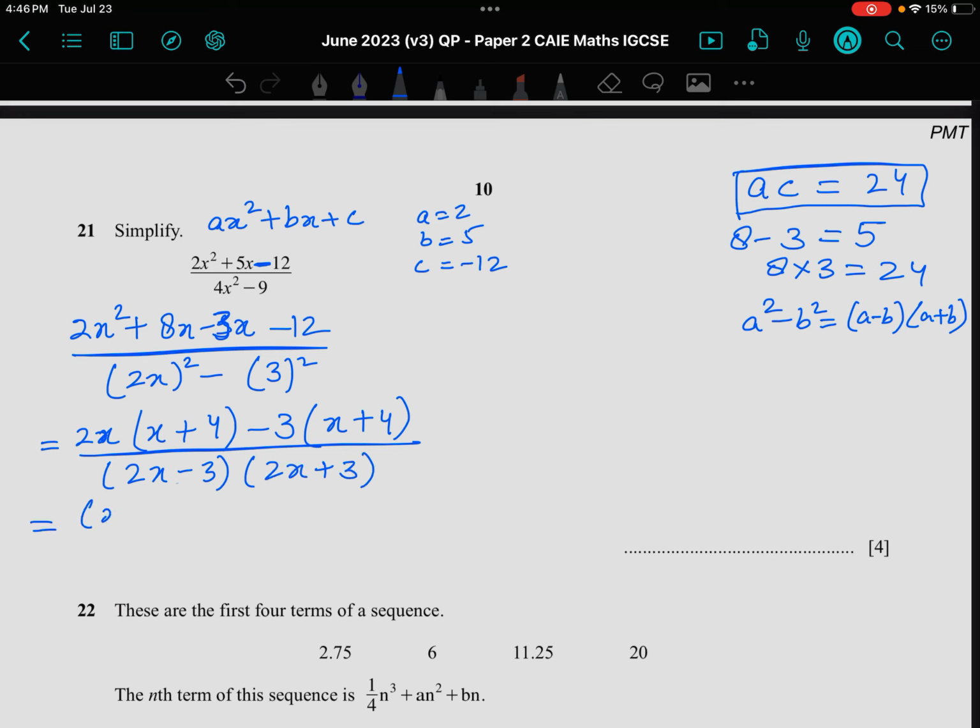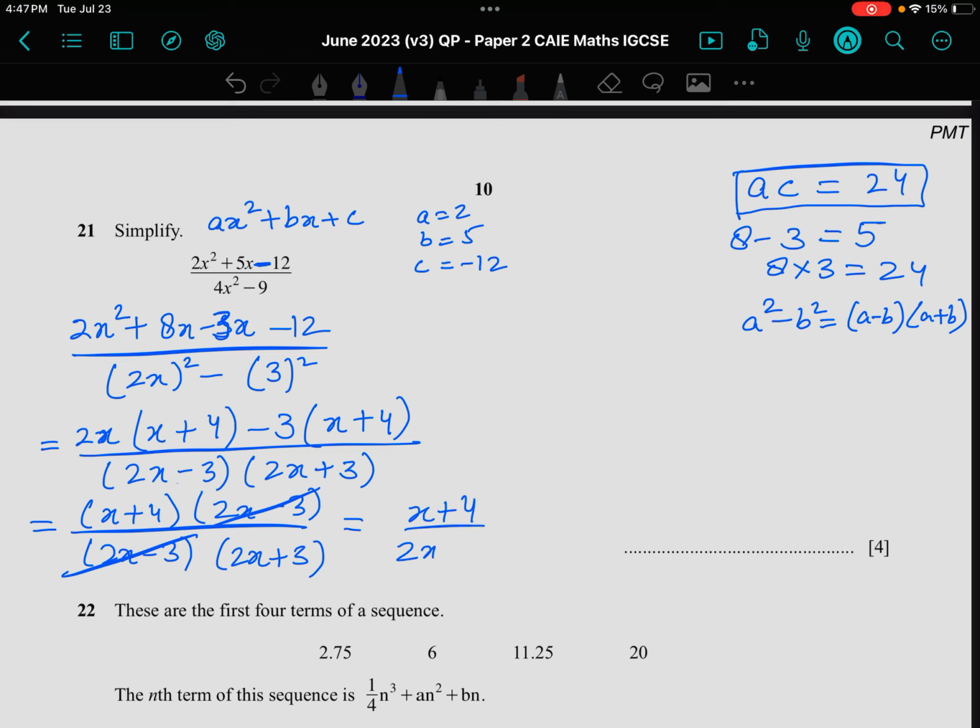So taking common bracket as ones and the other one inside the bracket, 2x minus 3 upon 2x minus 3 and 2x plus 3. 2x minus 3 is cancelling out. So x plus 4 upon 2x plus 3 is my answer.